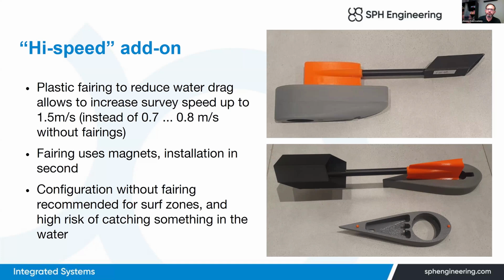And if you need to use grasshopper mode, that is when we do not make continuous measurements dragging the sensor in the water, but make measurements at points while the drone flies between measurement points, pulling the sensor out of the water, you can still use the standard configuration, and you can use the same system with the high-speed fairing.